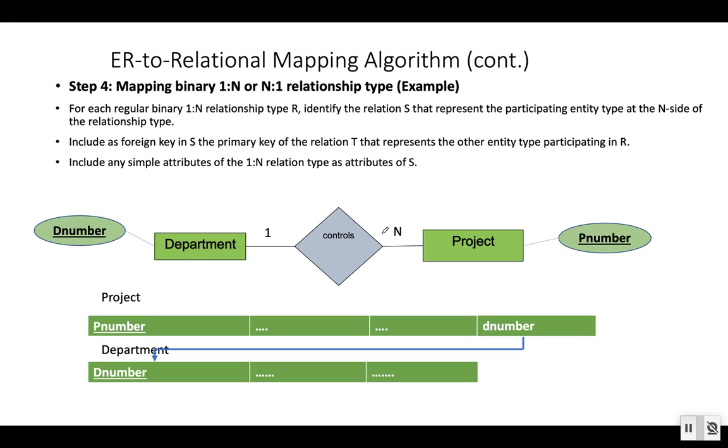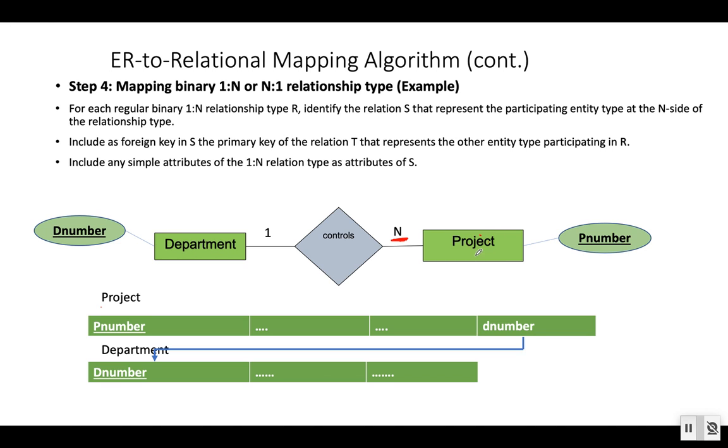Now another example where we have a 1 to n relationship. Department and project have a 1 to n relationship. One department can have multiple projects, but every project has only one controlling department. So here project is on the n side.